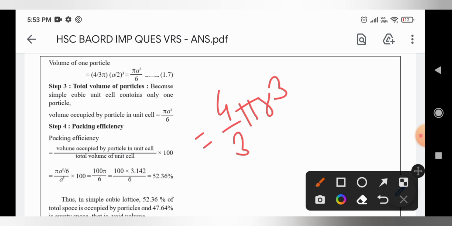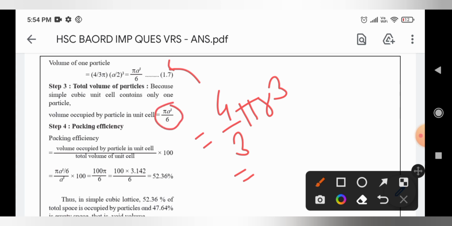This is for the number of particles present in simple cubic. The value of r that we found is a by 2, so substituting in this equation, we get pi a cube upon 6. This is the total volume of the particle, because simple cubic contains only one particle.